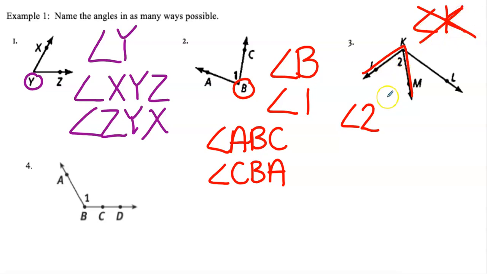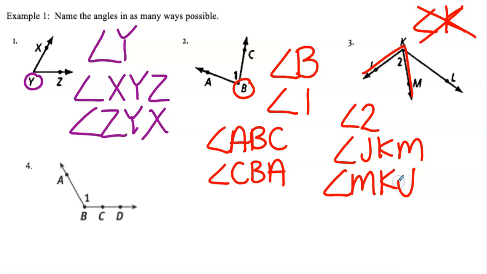Are you talking about this one or this one? I don't know. Okay, so angle K is no good. So my 3 letters are J, K, M. And I can also reverse, so J, K, M, M, K, J. Okay, so those are the 3 ways to name this angle in red.